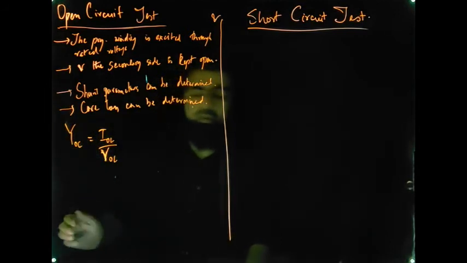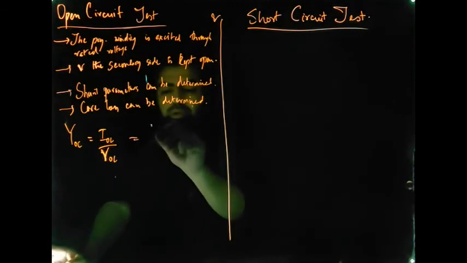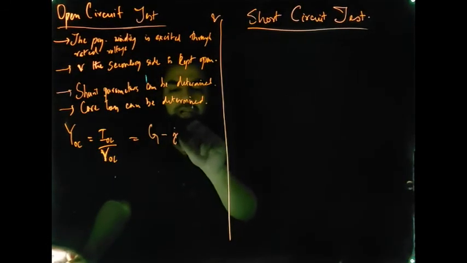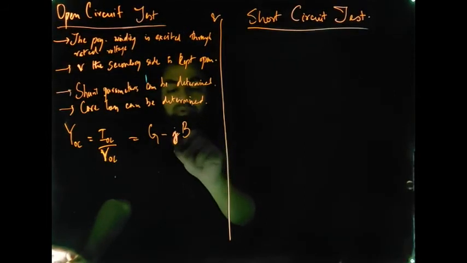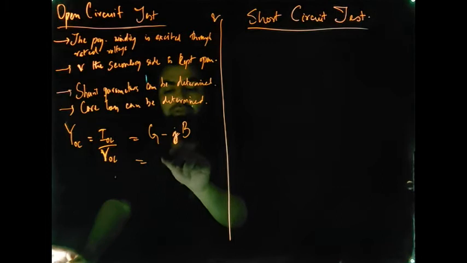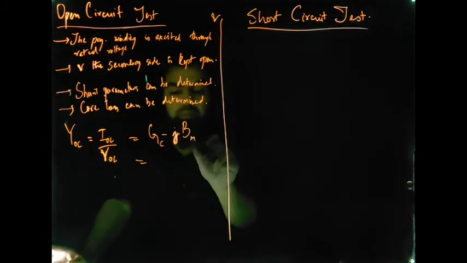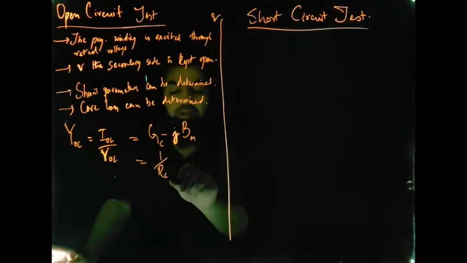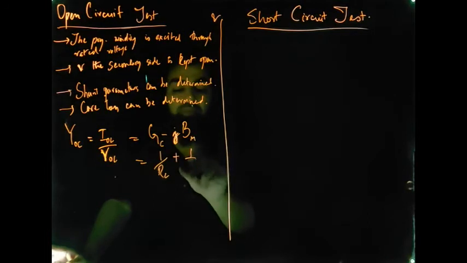So this gives us admittance. We know admittance is equal to G minus JB, where G is conductance and B is susceptance. So we can also say this G in this case will be GC and BM. That means this is 1 by RC minus 1 by JXM.